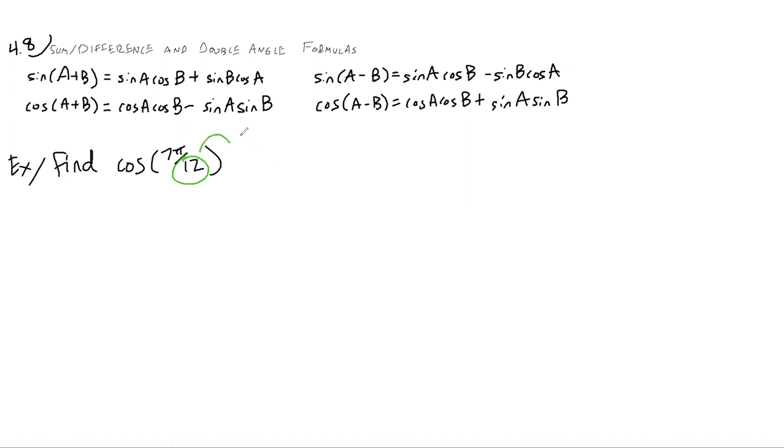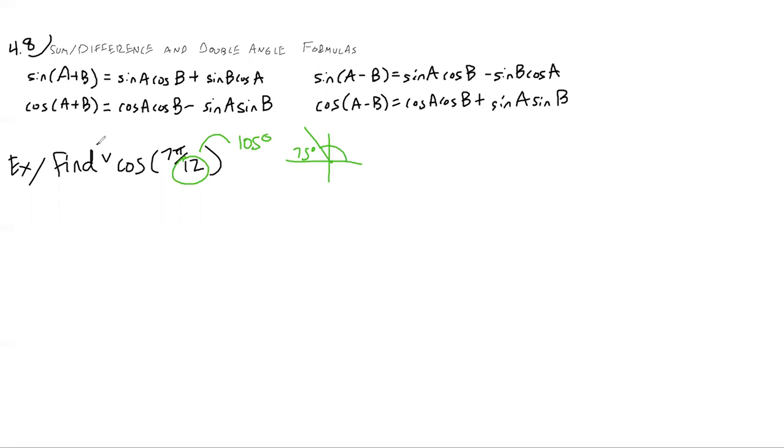If we actually look at this, it's 105 degrees, right? 15 times 7, 105 degrees. If we draw this, it'll come over here and have a reference angle of 75 degrees, which is not one of our special angles. So we can't get this exact ratio without either using a calculator, which I want to avoid, or using the sum or difference formulas.